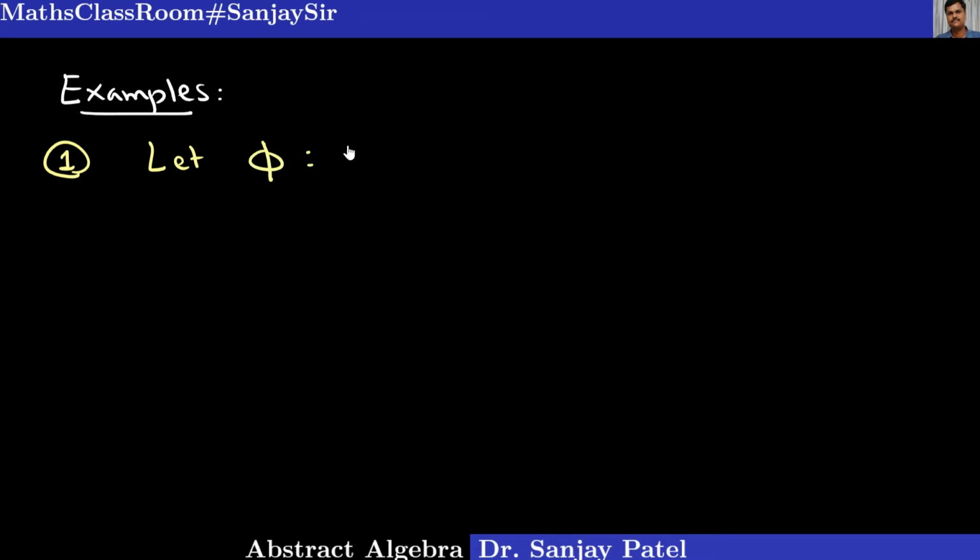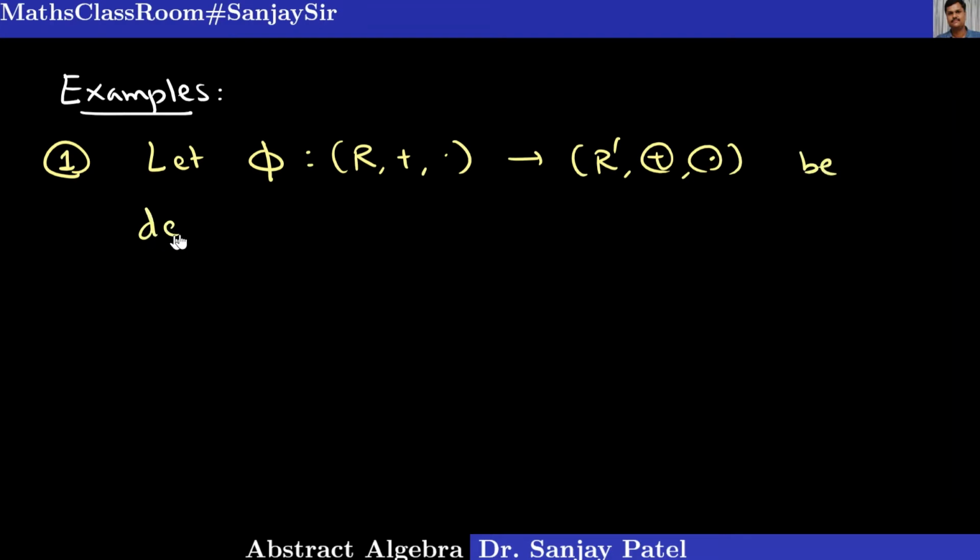Let φ be a function from a ring (R, +, ·) to another ring (R', ⊕, ⊙). Remember that R and R' are any two rings. We don't know what the rings are, and this function is defined as φ(x) = 0' for every x belonging to the ring R.